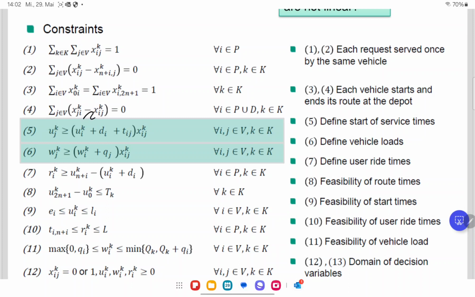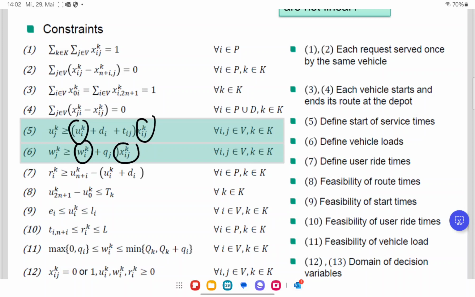So in this case, this is a decision variable and this one too. The multiplication of both leads to a non-linear constraint, and the same also holds for the load constraints. So w is a decision variable and x is a decision variable, and therefore you have this non-linearity. When you check the other constraints, you see that everything else is fine.